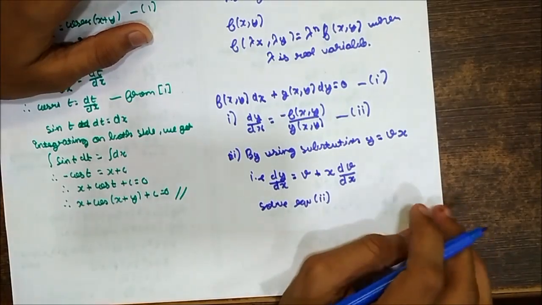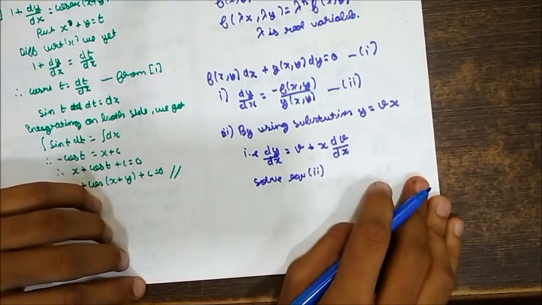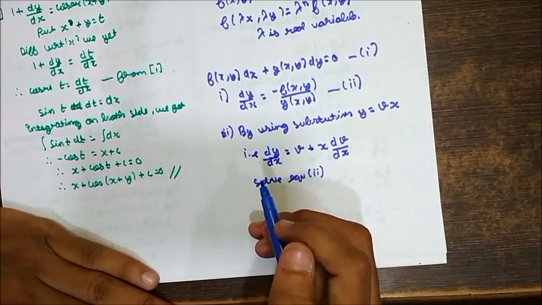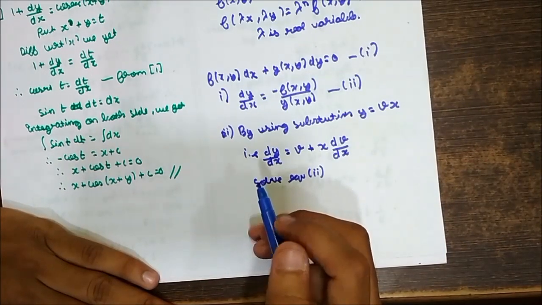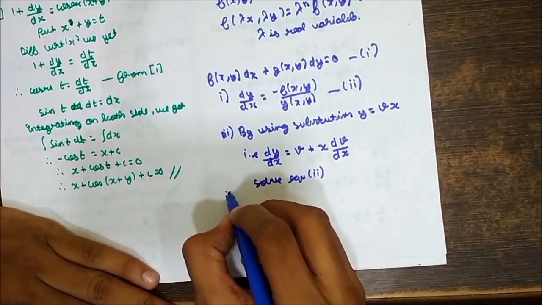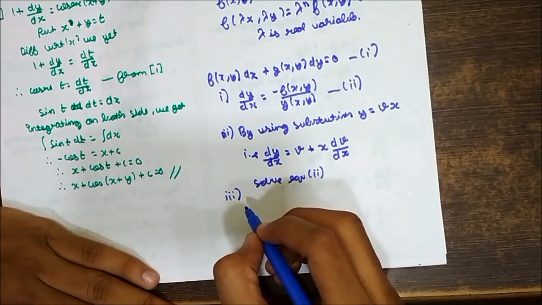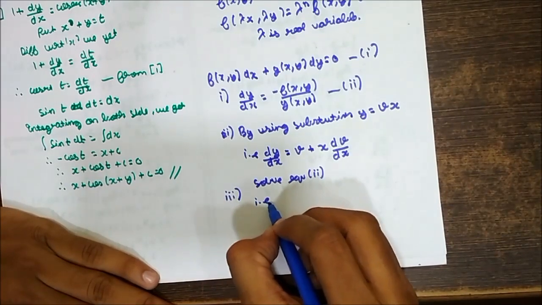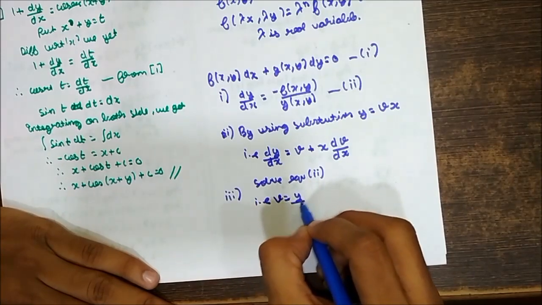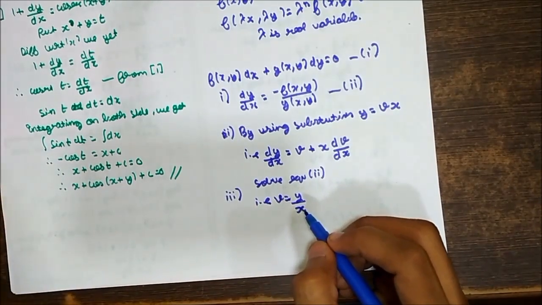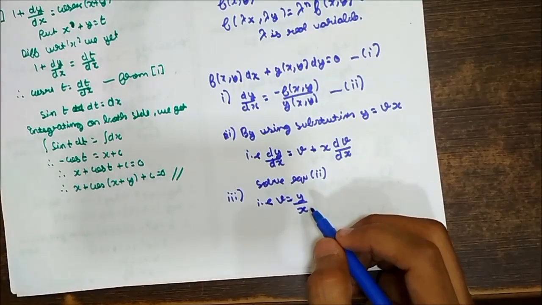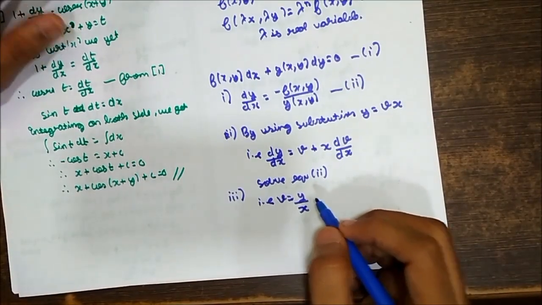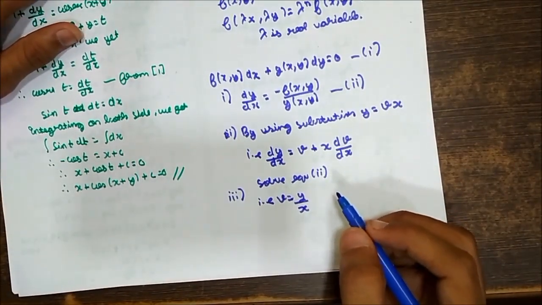Since the solution of equation 2 is obtained in variables x and v, to obtain the solution of equation 1 in the variables x and y, we resubstitute the value of v, that is v is equal to y by x, and hence we get the solution of the given homogeneous differential equation.